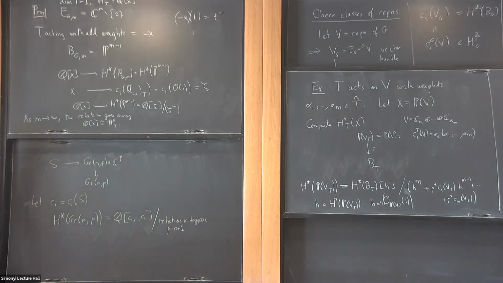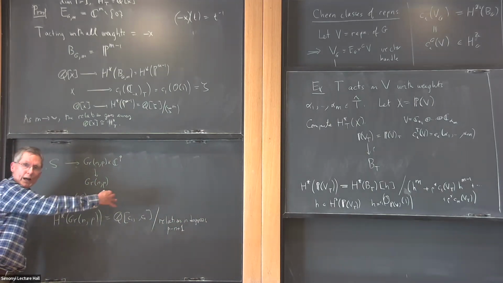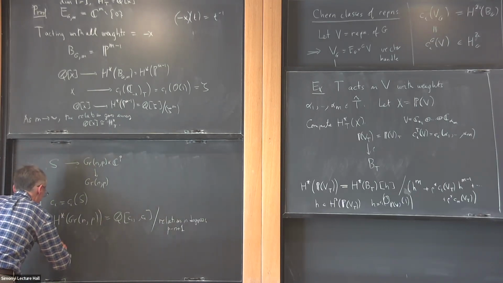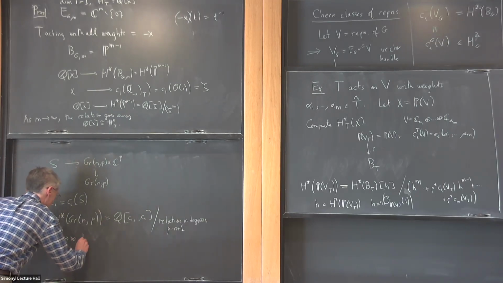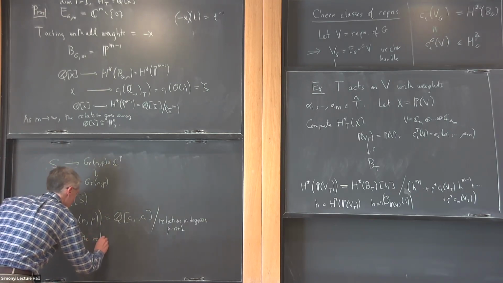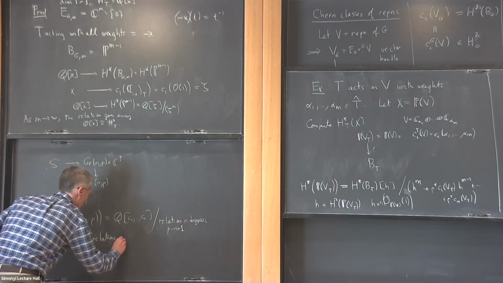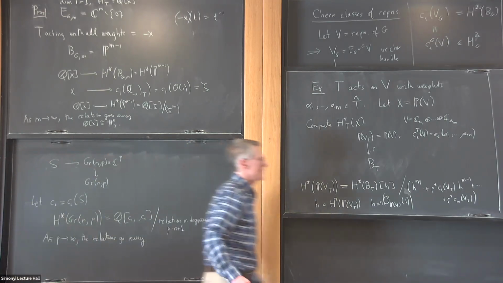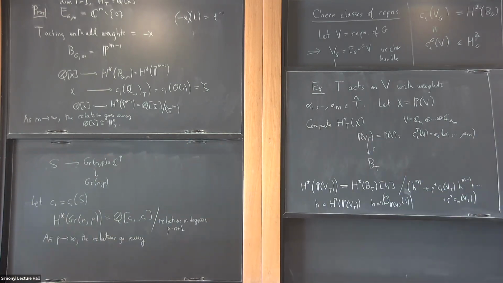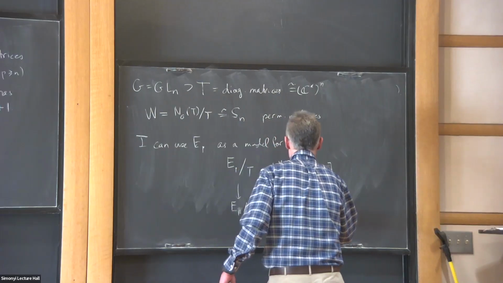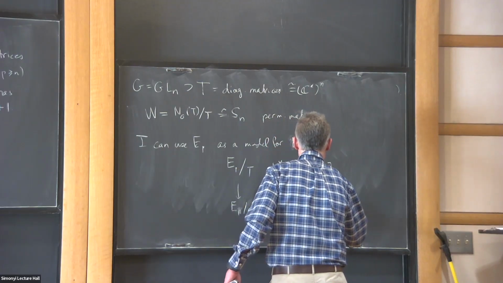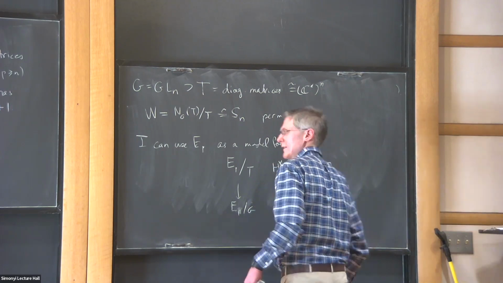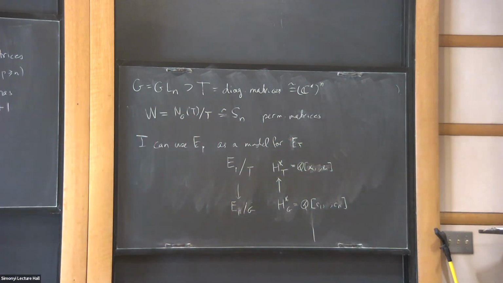So what this means is, as P goes to infinity, the relations go away as usual. And so we conclude that H star G is just Q of C1 to Cn.